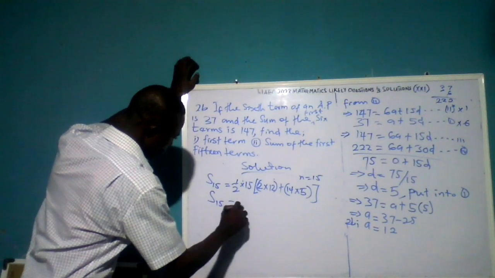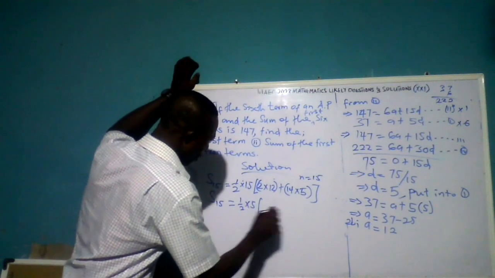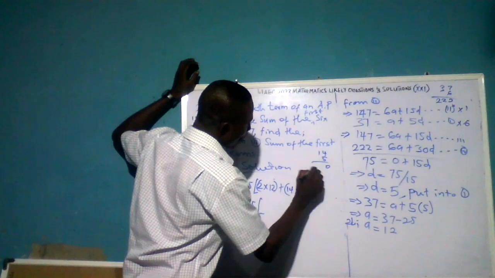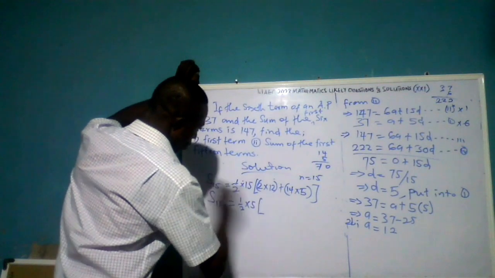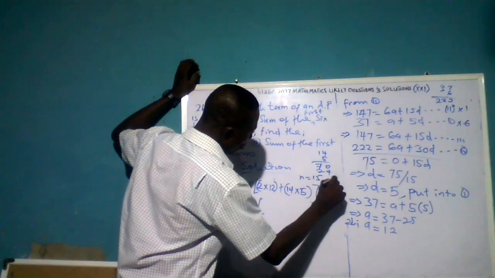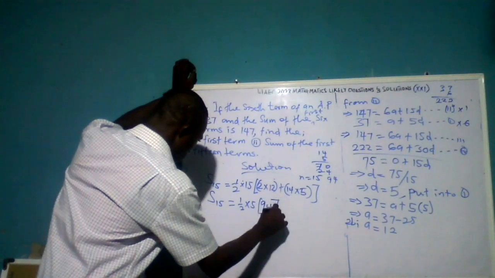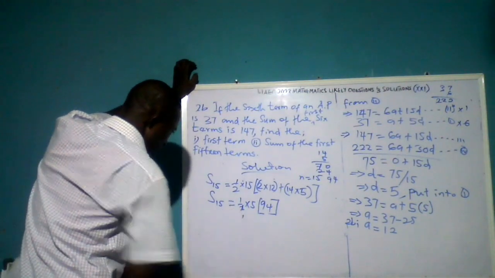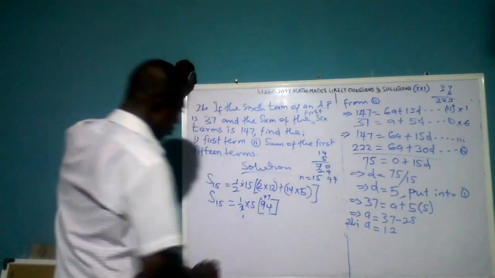So that you have S15 equal to half of 15, 24 plus 14 multiplied by 5, we have 24 plus 70. Then 70 plus 24 gives 94. 2 into 9 is 4 remainder 1, 2 into 14 is 7.